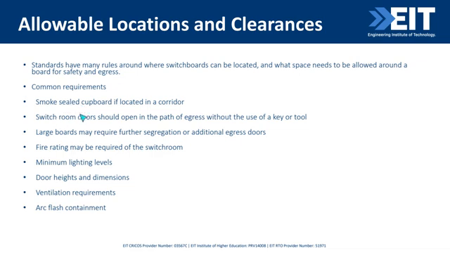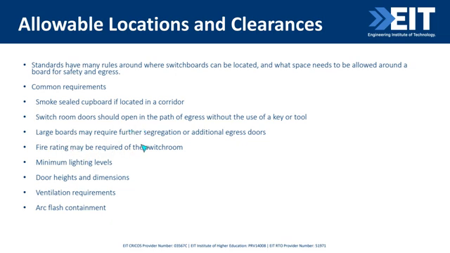You might not want doors opening onto your path of egress. If you have large boards, whether that's physically large or a high rating in amps, you might want that board to be further segregated from other things, because a fault on a higher rated amperage board could produce a higher energy.